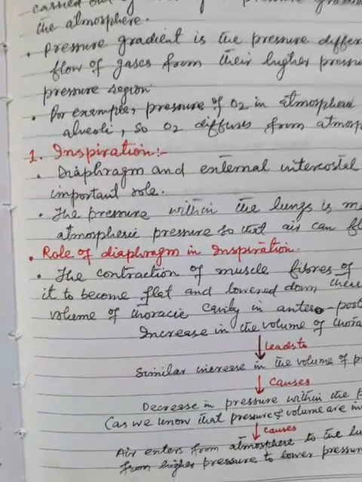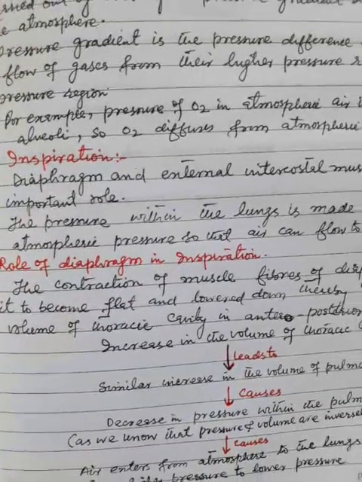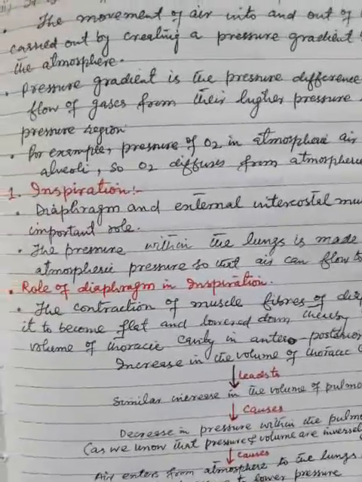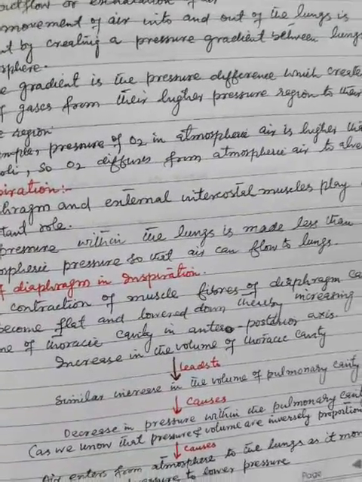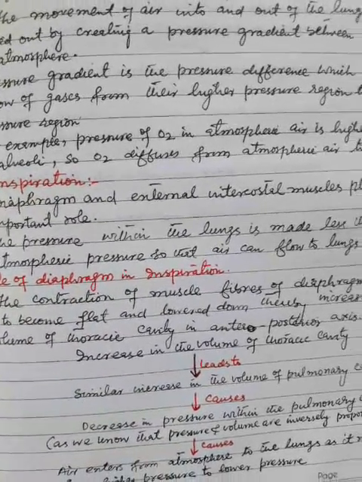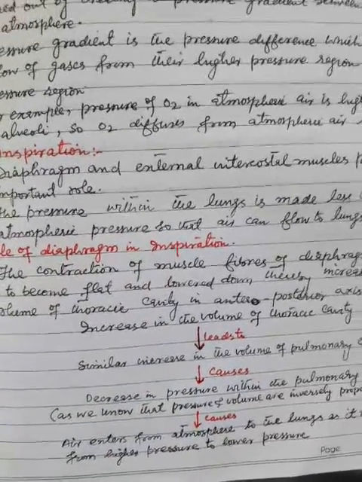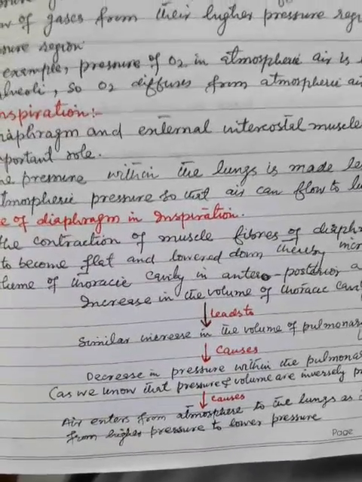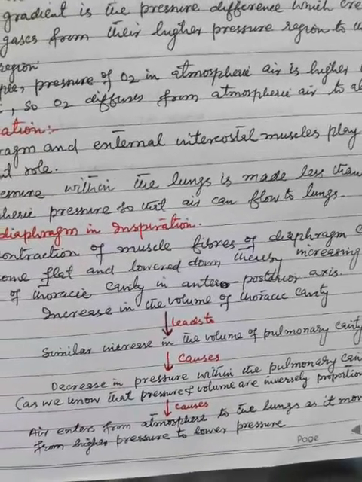Role of the diaphragm in inspiration. The contraction of muscle fibers of the diaphragm causes it to become flat and lower down, thereby increasing the volume of the thoracic cavity in the anterior-posterior axis. Increase in the volume of the thoracic cavity leads to a similar increase in the volume of the pulmonary cavity.